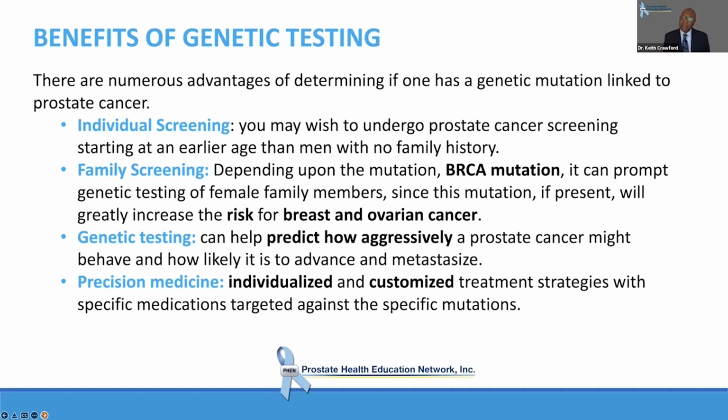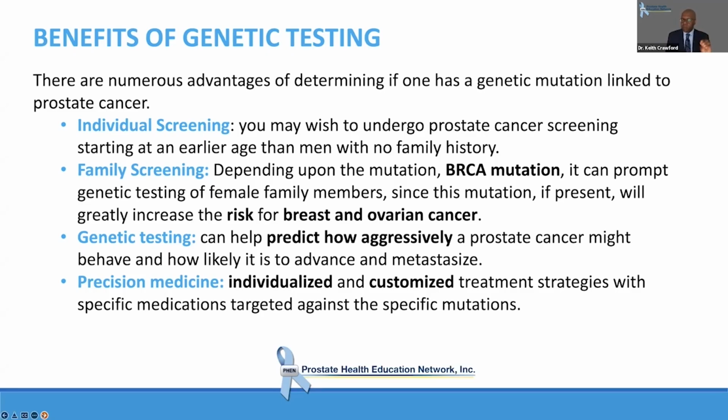Now, think about it: just because you may have the gene, do you think your family members could have it? Remember, certain genes, or mutations, are transferred from family members, from parent to child. So even though you may have a BRCA mutation, the female members of your family may have the same mutation, and that would put them at risk for breast cancer or ovarian cancer.